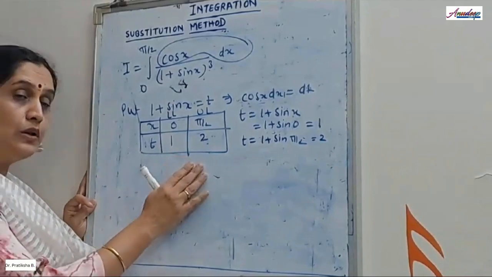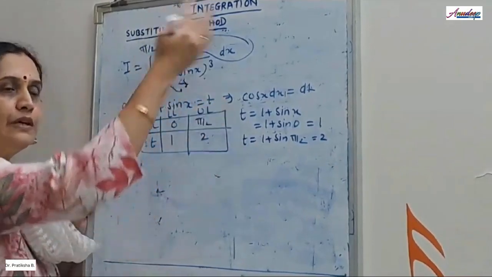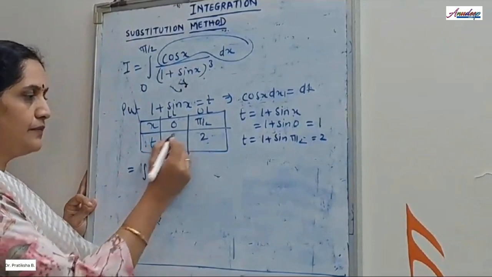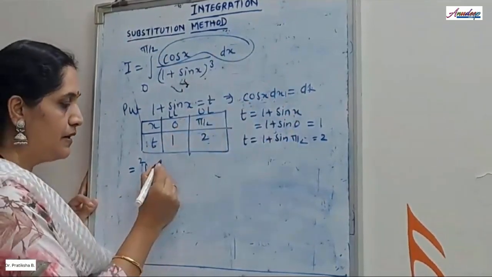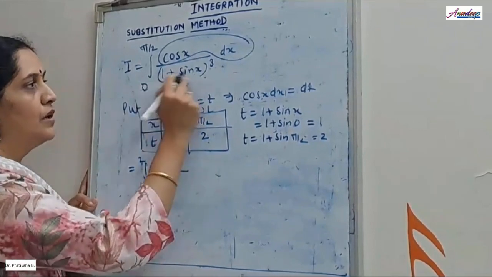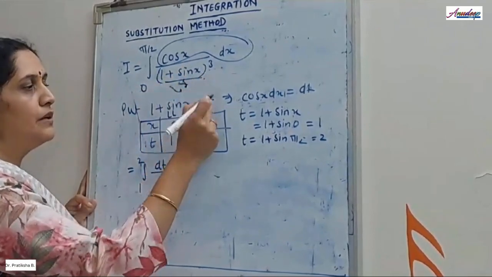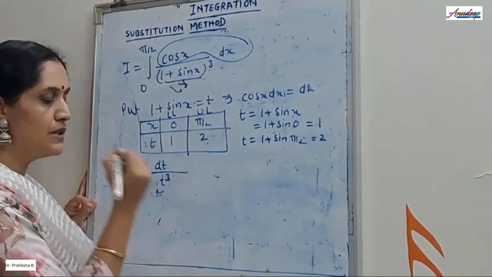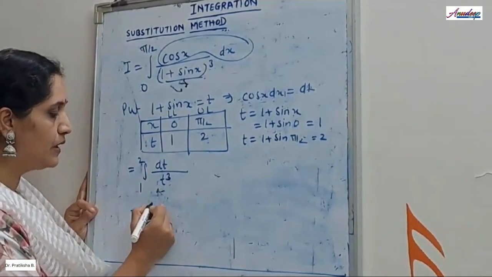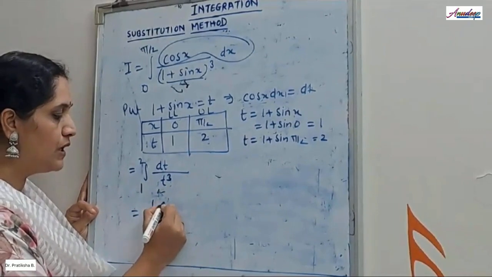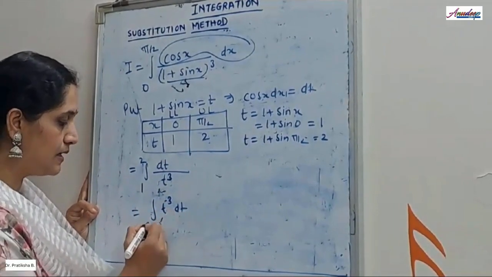So now with the new limits and with the new variable, we can rewrite the problem. It is integral from 1 to 2. Cos x dx is nothing but my dt over, and now the whole of this denominator I have substituted as t, so it becomes t cube. Now I have to take t cube in the numerator, so it will become integration of t raised to minus 3 dt.